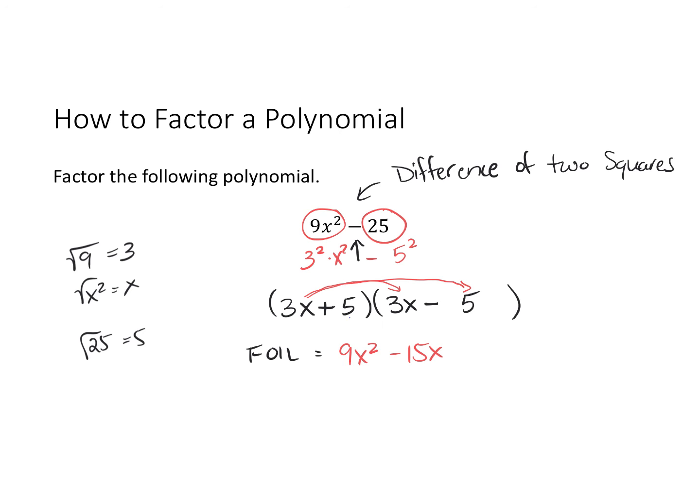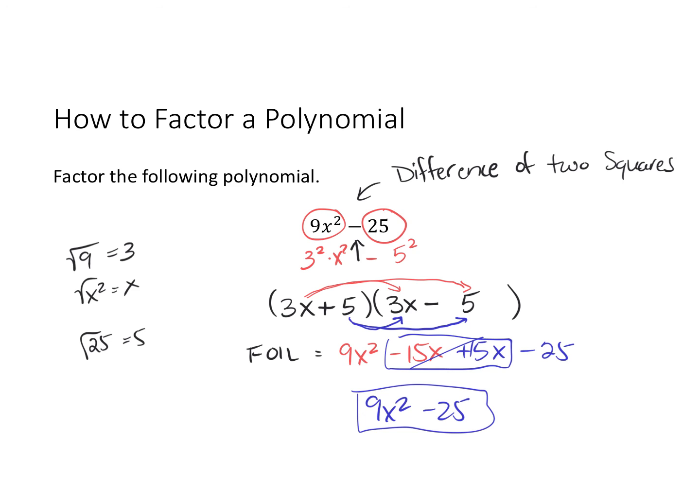And then if we take a look at the inner terms, 5 times 3x is positive 15x. And then 5 times negative 5 is negative 25. So notice the two terms in the center cancel out, leaving us with 9x squared minus 25. So that's how we would factor the difference of two squares.